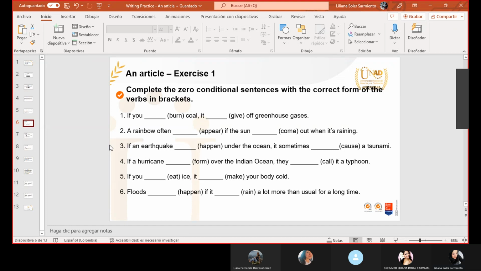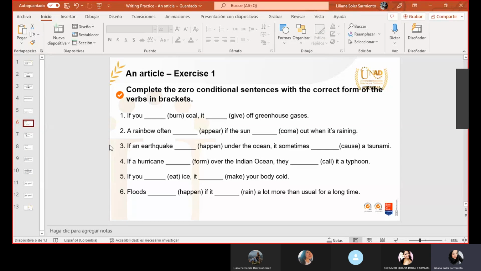Very good. Number 4, if a hurricane forms, exactly, with S at the end. If a hurricane forms over the Indian Ocean, they call it a typhoon. Very good.